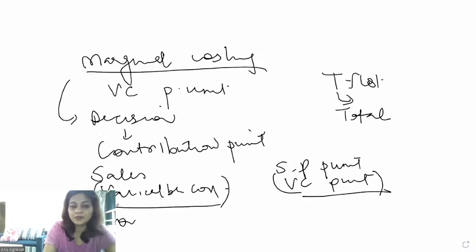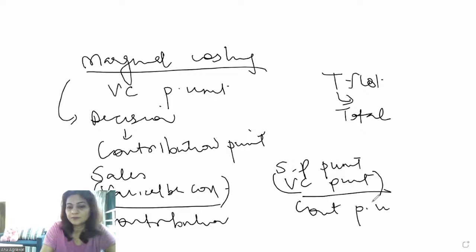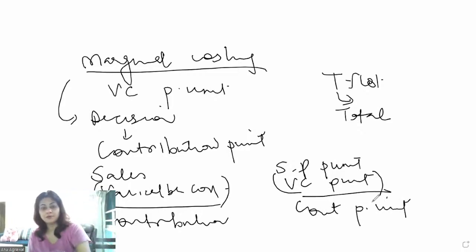I get out with contribution. I'm writing it too because sales means total. So I get out with total contribution at one go. If I take up the total figures, you can start off with per unit, then you get out with contribution per unit, right?